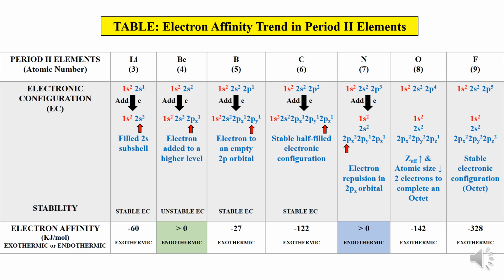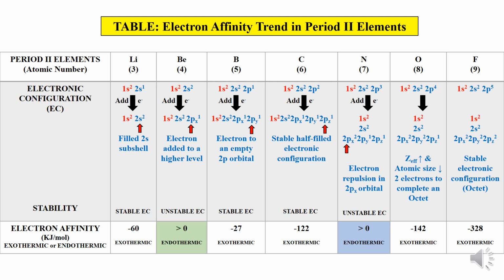There is electron-electron repulsion in the 2px orbital, and this repulsion decreases the stability of the atom. It is an energy demanding process. You have to force or push the electron into the 2px orbital in order to overcome the repulsion. And this is reflected by a positive sign. It is an endothermic process, leads to an unstable electronic configuration.